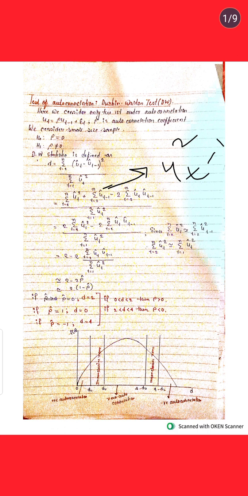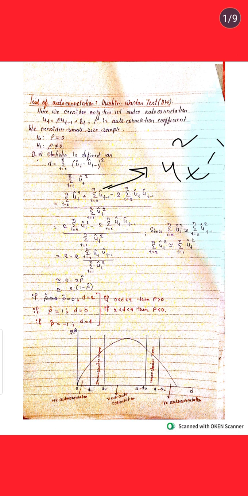Similar to the line from the previous equation, the denominator is the sum from t equal to 1 to N of u_t hat square. So here, the sum from t equal to 2 to N of u_t hat square plus the sum from t equal to 2 to N of u_(t-1) hat square minus 2 times the sum from t equal to 2 to N of u_t hat u_(t-1) hat, divided by the sum from t equal to 1 to N of u_t hat square.